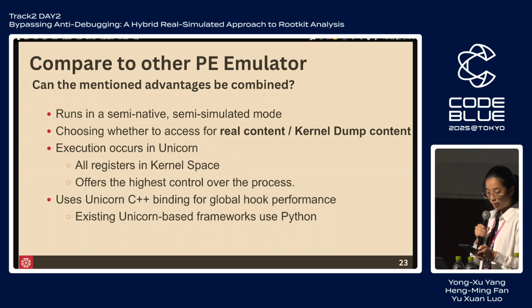For that, all the operations are emulated in Unicorn. All registers can be mapped into kernel mode. Also, the emulator can hold the highest control over the process. As global hooks are used, the emulator uses Unicorn's C++ bindings instead of the common choice, Python.